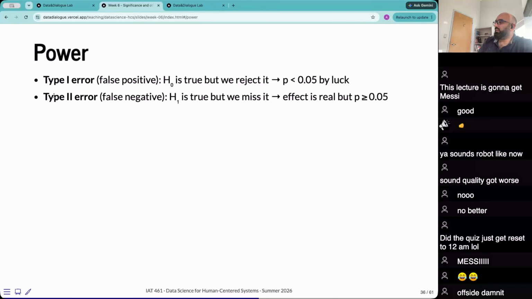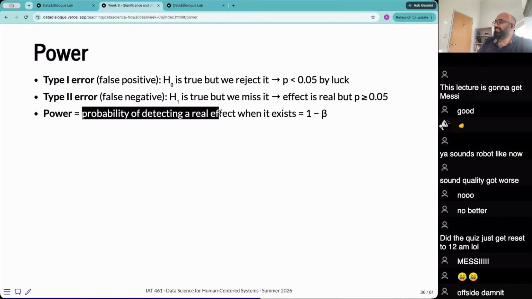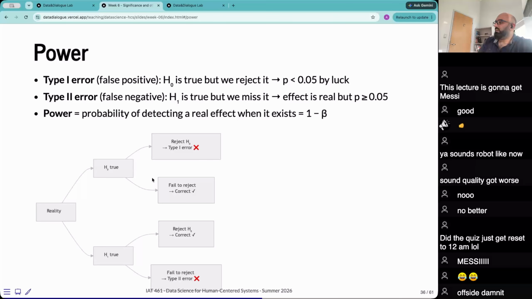If the effect is real, but we miss it, we say p-value is larger than 0.05, okay? The power is the probability of detecting a real effect when it exists. Essentially, that's what we mean by power analysis.